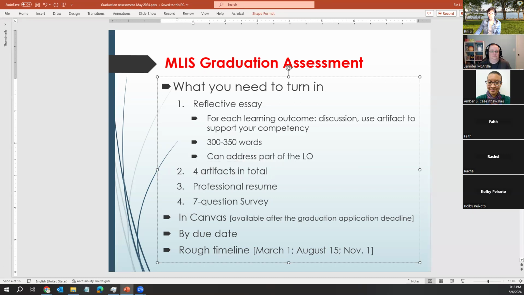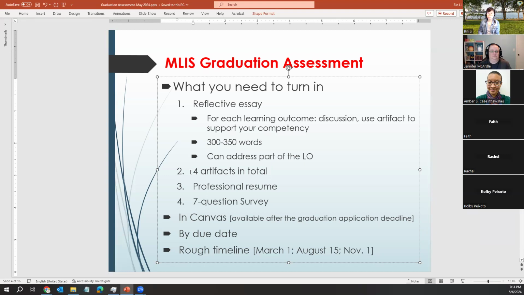In the essay you talk about the artifacts. For instance, in your 680 class, you did this project to show your competency in learning outcome number 3. And in Canvas, you also need to upload those artifacts as part of your graduation portfolio.